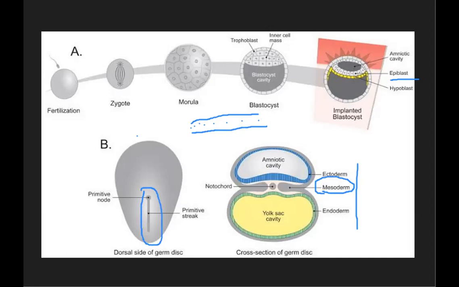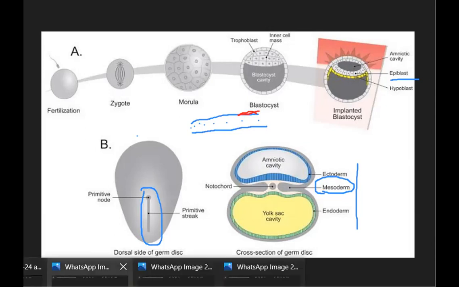And here, a very little part over here is the primitive streak. This primitive streak gives rise to the primitive node at one end, and the rest of the organs start forming from here. Later, it is divided into neural crest cells, notochord, and else that we will study in the neural chapter.